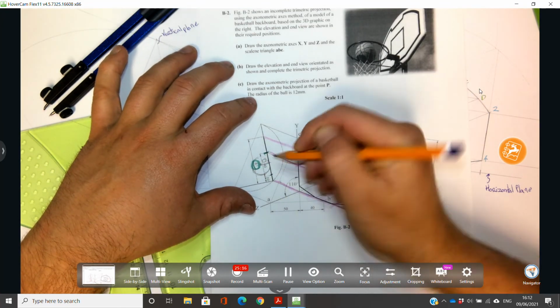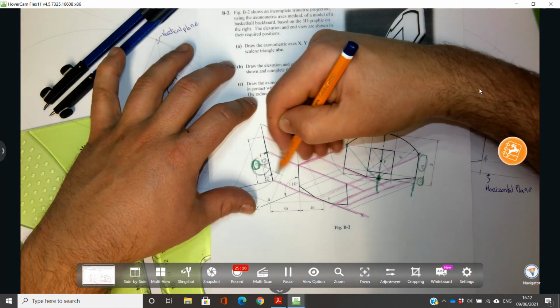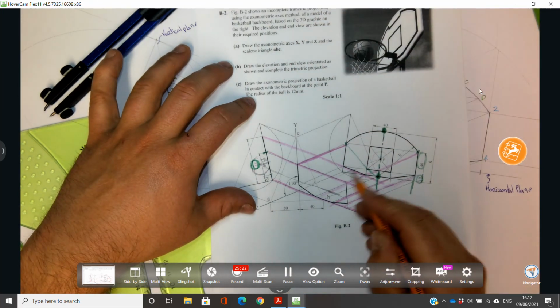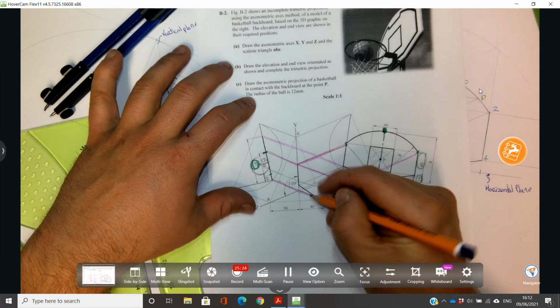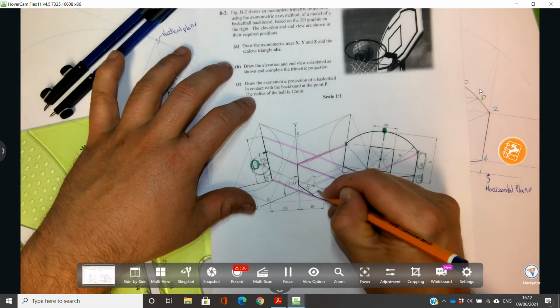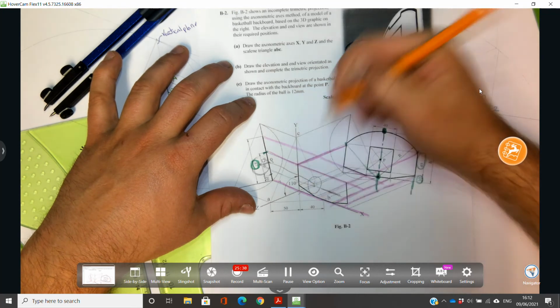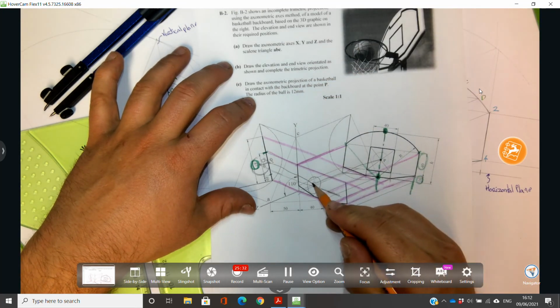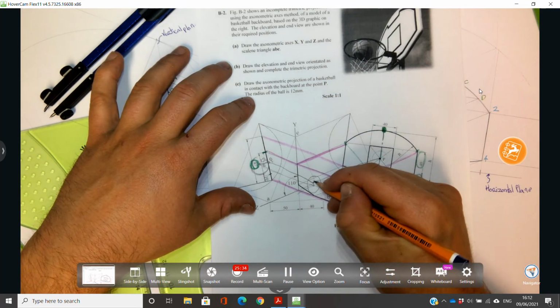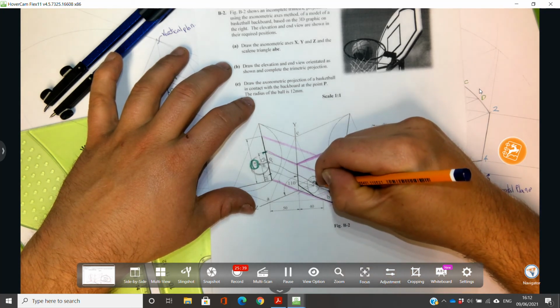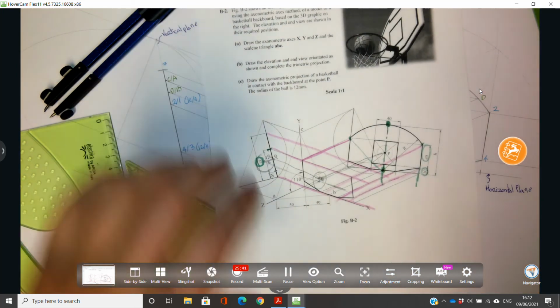Okay, then bring down your center point and your center point here. You draw in the ball, and then there's your point P in end view, so you bring down point P and point P here. That's where they'll meet there inside the ball.